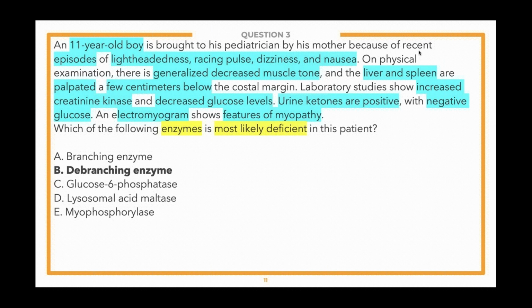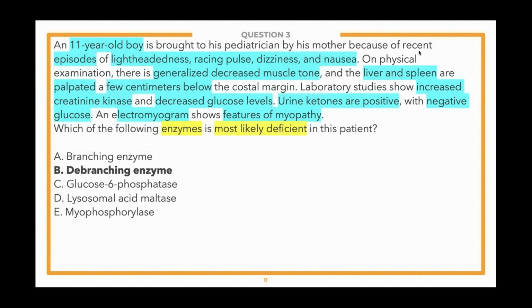Because you're not able to break down glycogen, patients also get hypoglycemic, kind of like our patient here. On top of that, patients can get elevated creatine kinase like our patient, because glucose is now coming from muscle breakdown instead of the liver.